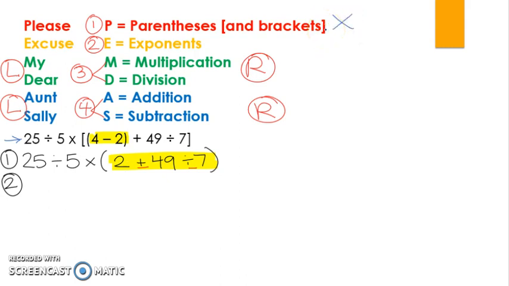No. Do we have any exponents? No. Do we have multiplication or division? Yes, we have division. So we're going to solve this portion next. 25 divided by 5 times open parentheses 2 plus, what is 49 divided by 7? 7.